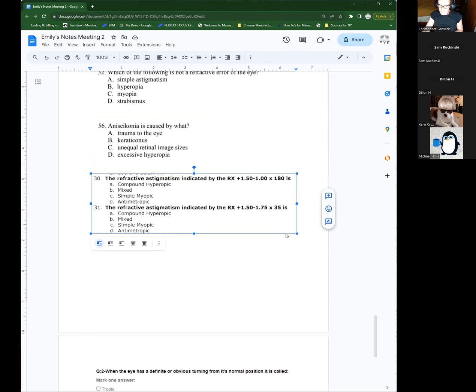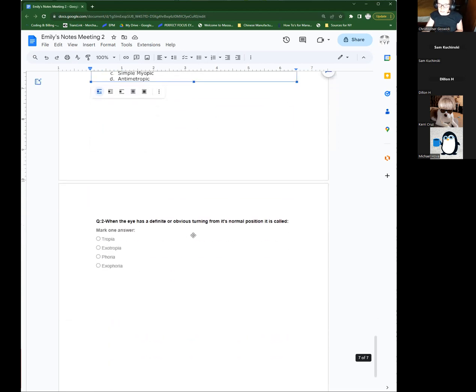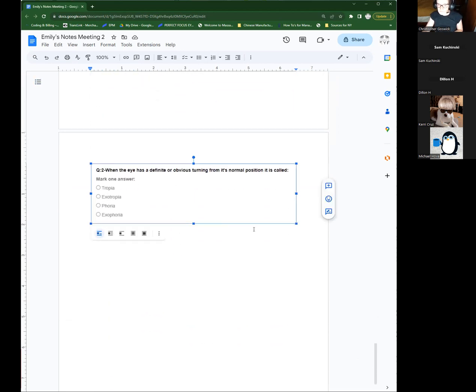All right. Let's jump down to this one. When one eye has a definite or obvious turning from its normal position, this one I thought was kind of interesting. They ask, is it atropia, exotropia, phoria, or exophoria? We know it's going to be a definite turn. So phoria, think of it as the baby. Tropia, think of it as the bigger one.